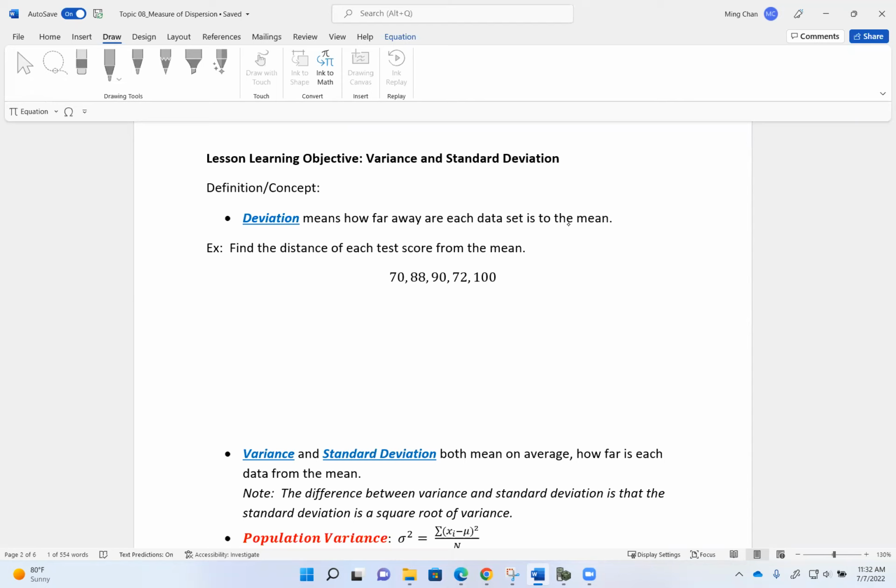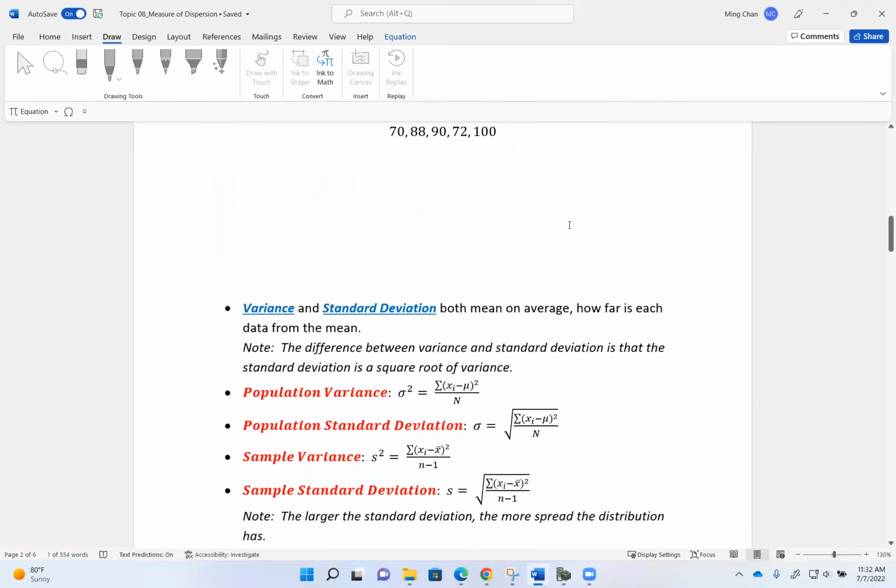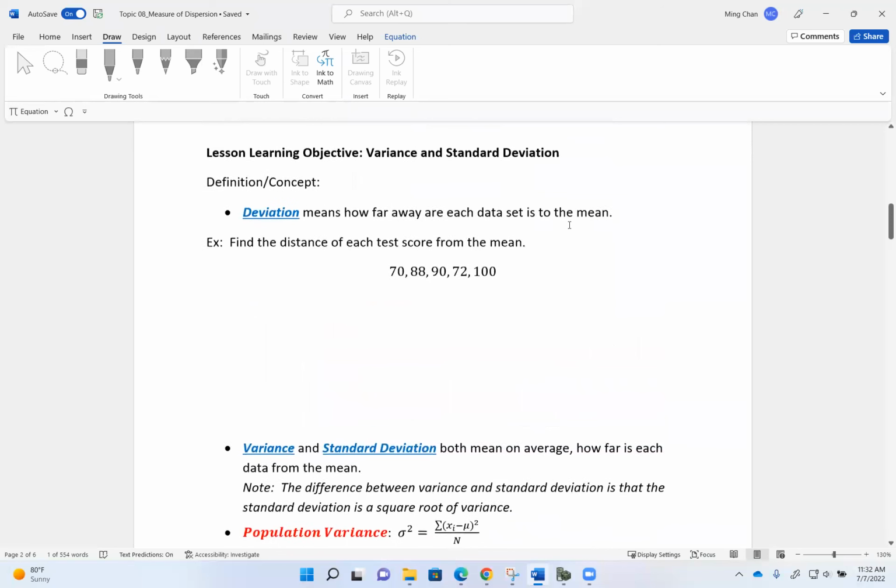This deviation is just a way for us to see how much distance each data value is from the mean. At the same time as I'm doing this example, I'm also trying to derive the formulas for standard deviation and variance.